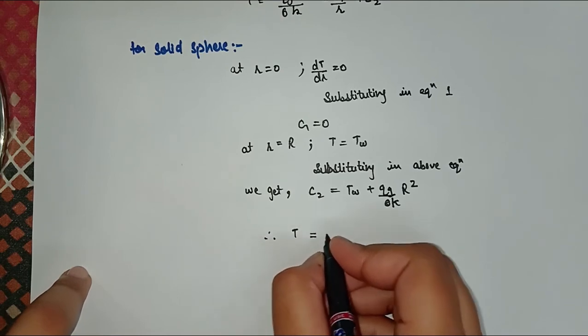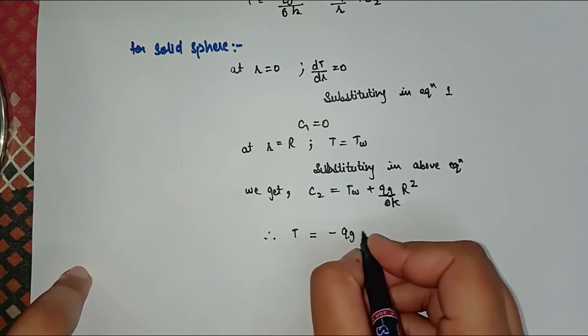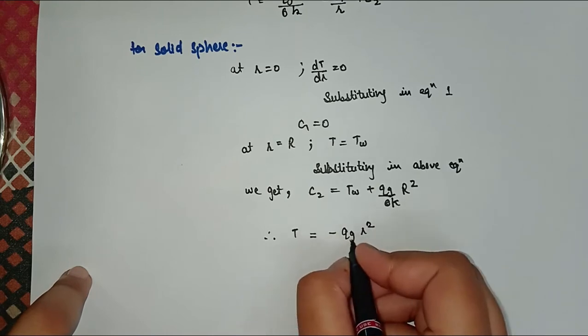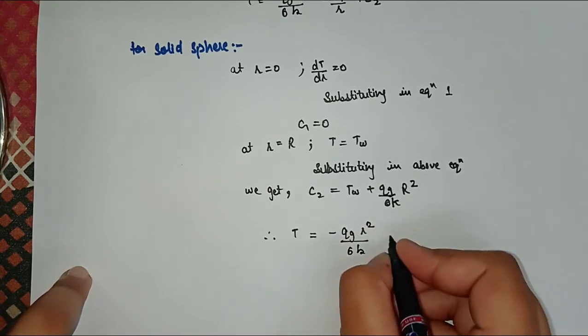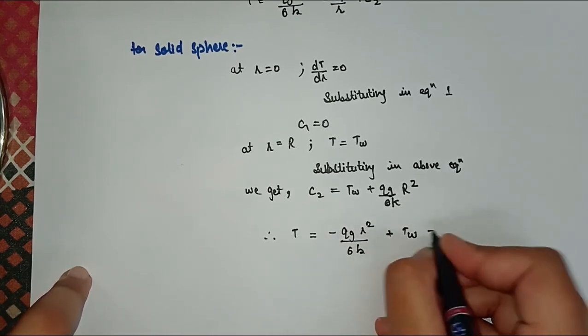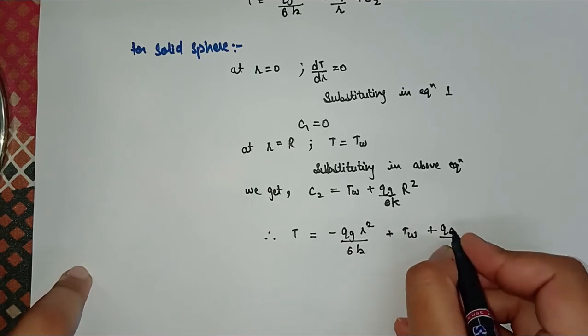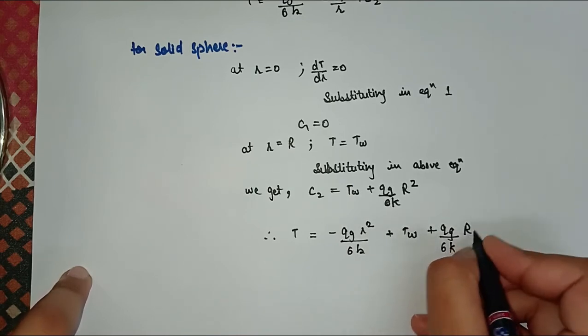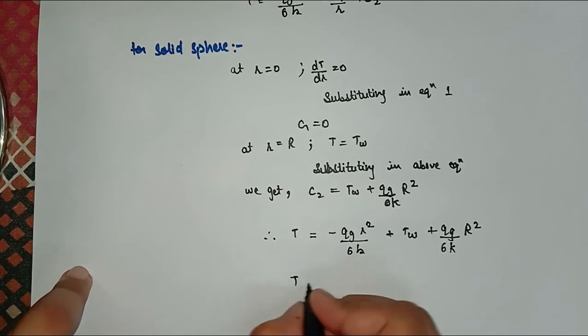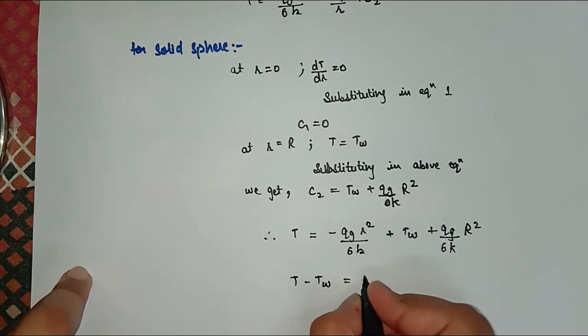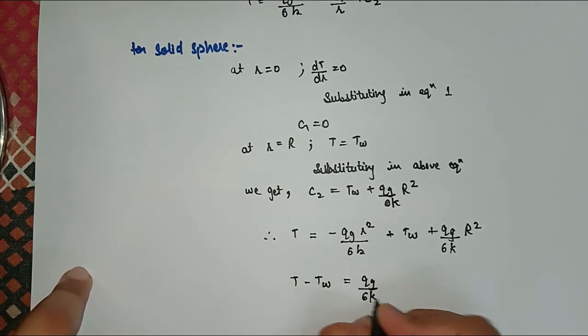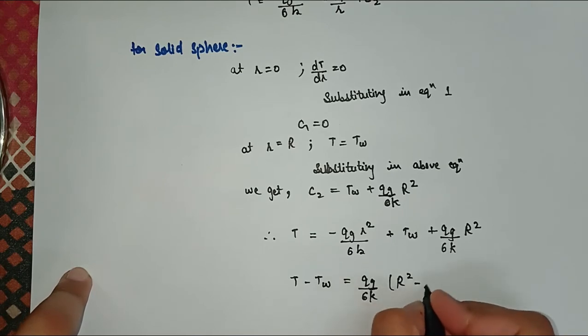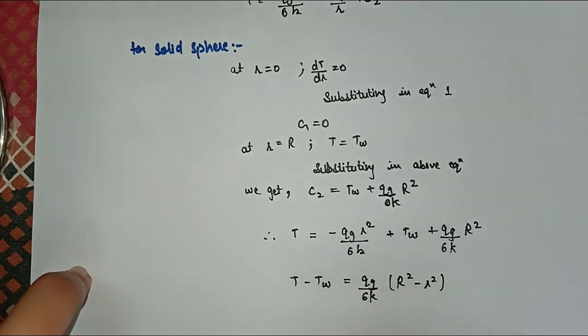Therefore the equation for the sphere is T equals minus qg small r square divided by 6k plus Tw plus qg divided by 6k capital R square. Solving this, we get T minus Tw equals qg divided by 6k (capital R square minus small r square).